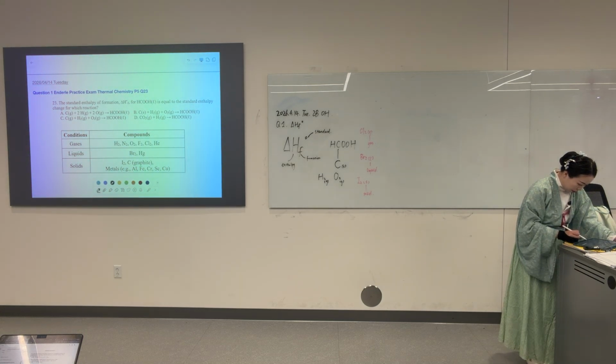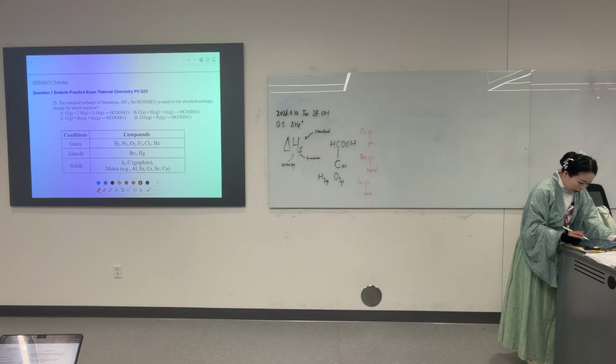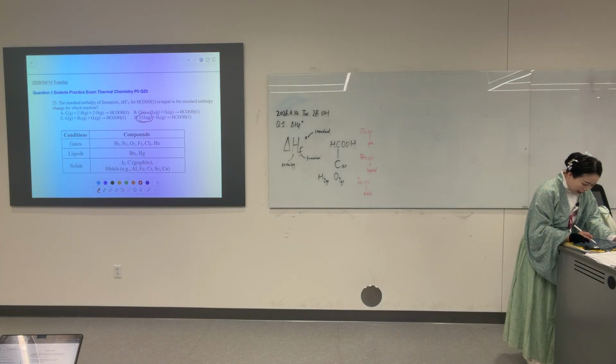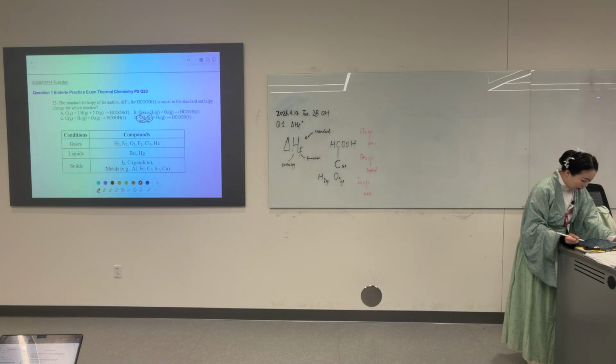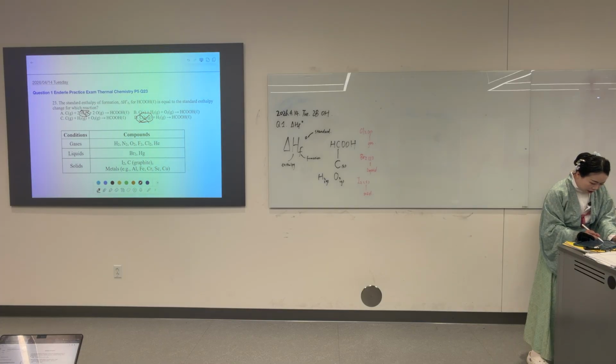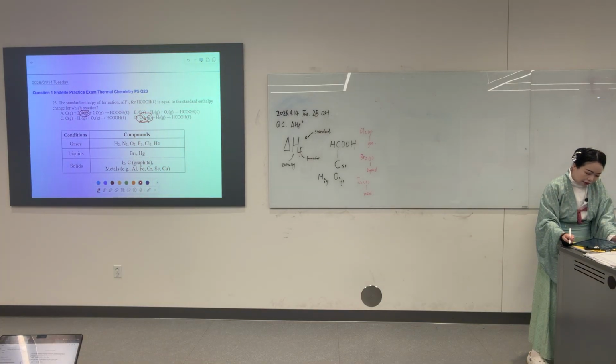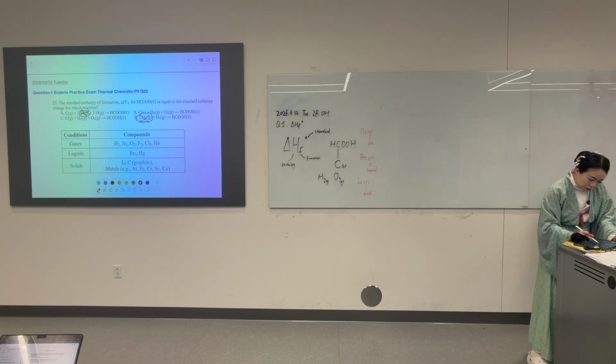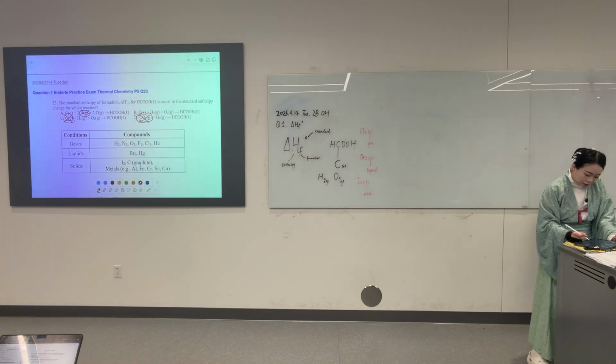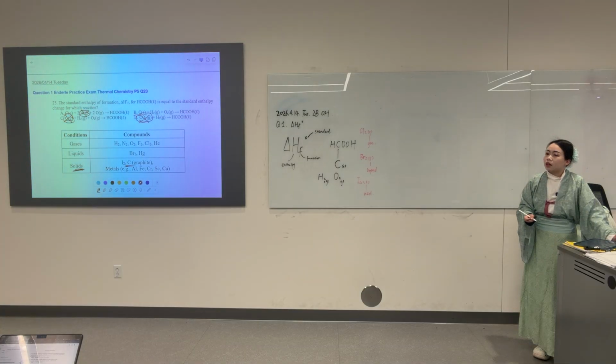Let me do this with this one. Okay, first, that's not even an element. D is down. A, hydrogen is not in diatomic elements. That's down. What else? Okay, the difference between B and C is carbon is not gas. Carbon should be solid. So that should be B. Cool?